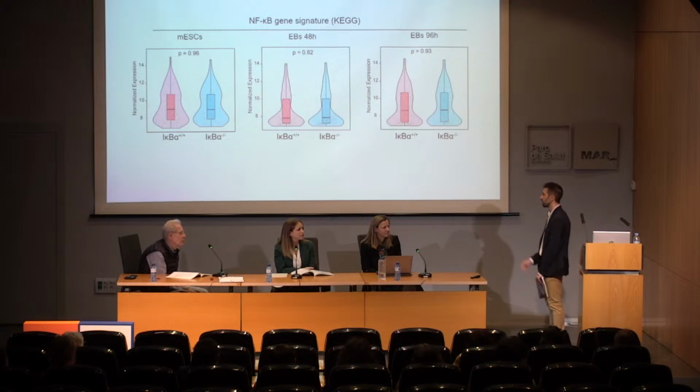Yeah, I think it's true that this is not something specific to the pluripotency state, because when you take some adult cells from intestinal cell lines and you remove IKB alpha, they cannot properly differentiate either. It is a cell line that is normally wild type, and you deplete IKB alpha.